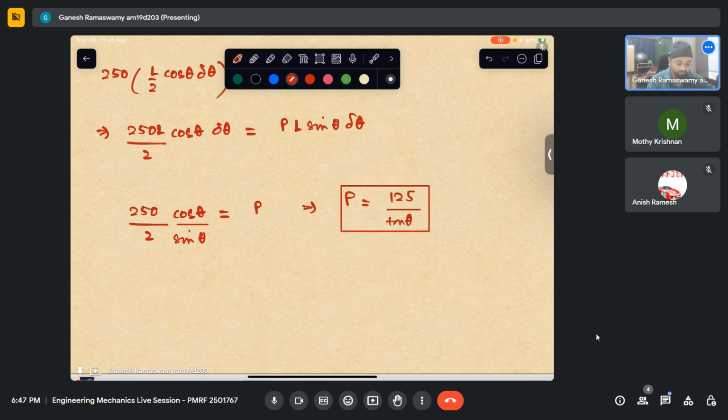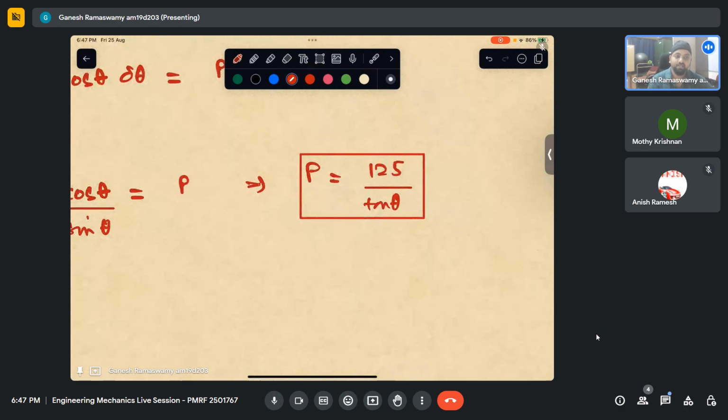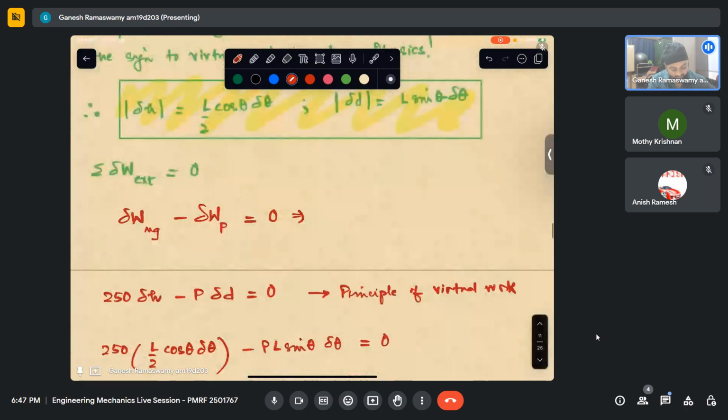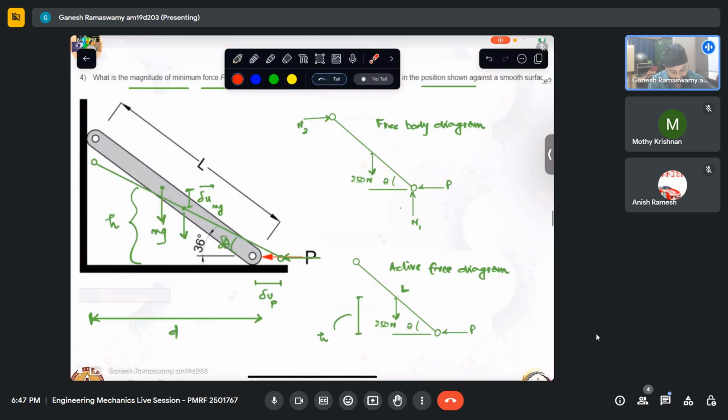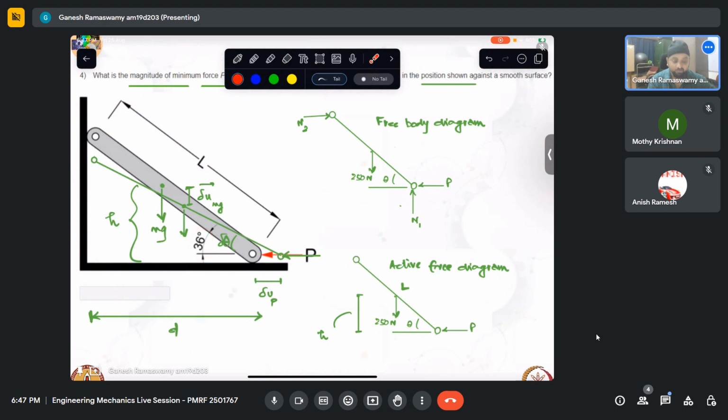So we have got a relation for equilibrium. If I give any theta now, for any given theta, I can calculate what should be my P so that the system is in equilibrium. So I have related the active forces like that. Now in our question, we have been given that theta is 36 degrees. So all we need to do is substitute that.